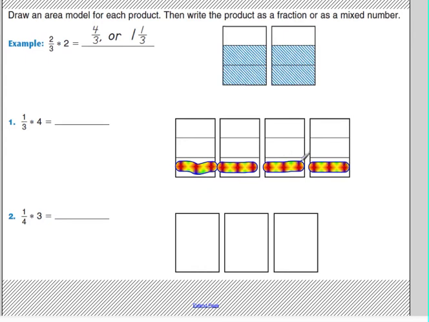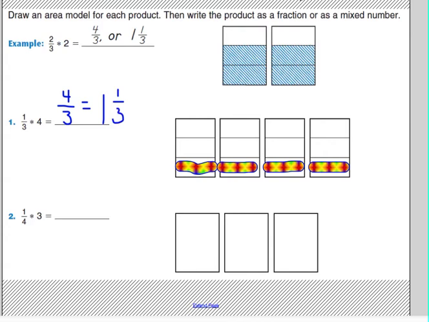Here's 1/3 4 times. If you put them all together, what you're looking at is 4/3. Now 4/3 is an improper fraction, so we could simplify that. 4 divided by 3 is 1, with the remainder of 1/3.